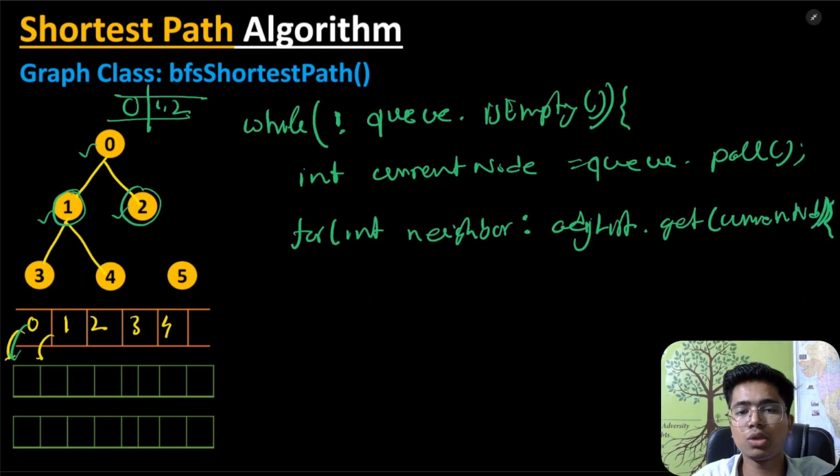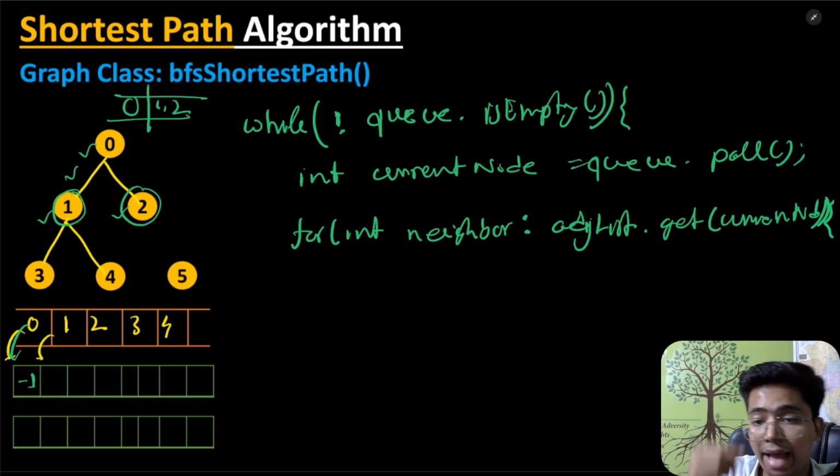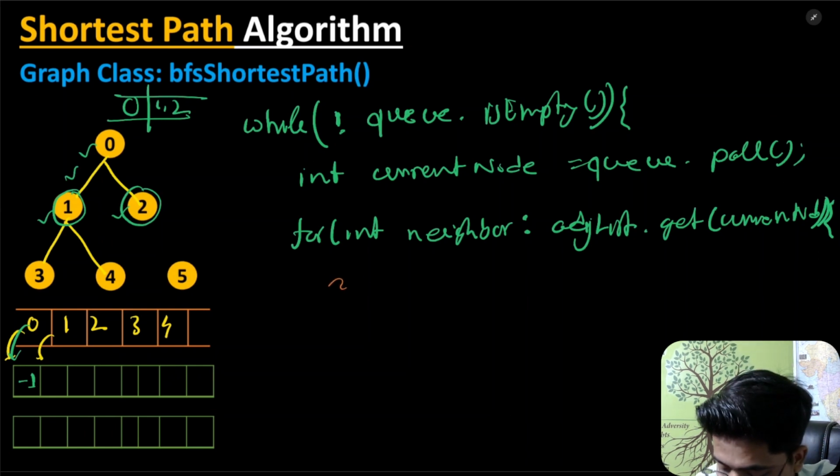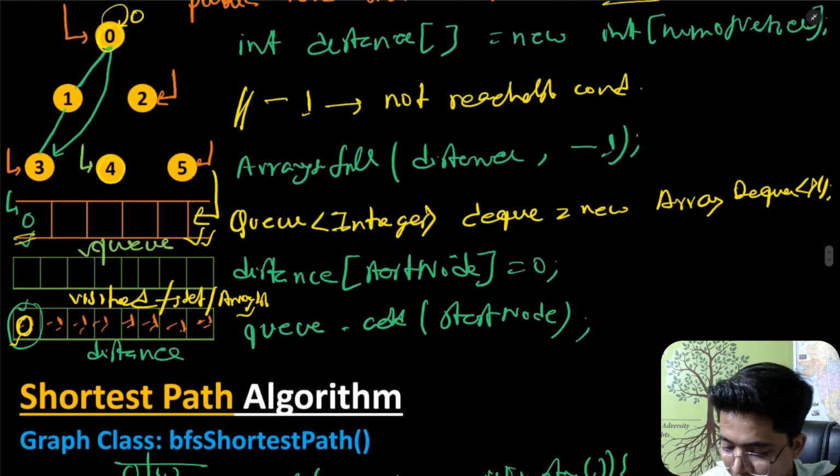Now we need to check whether the distance of neighbor is still -1. Let's say this is 0 to -1, and we will be checking the array: if the distance is still -1, that means it hasn't been visited, so we can directly add it. We have initialized the distance array here.